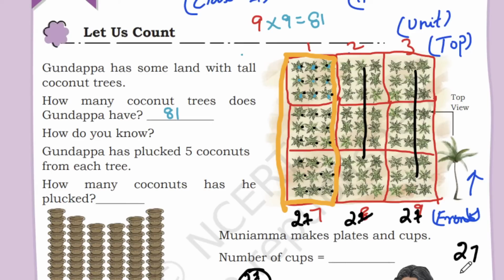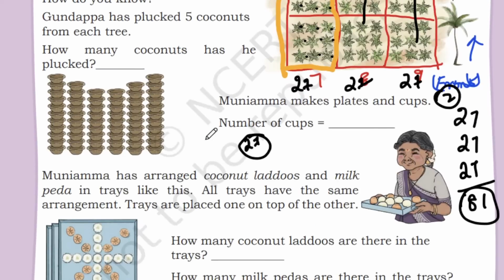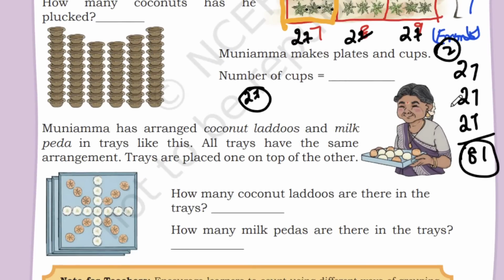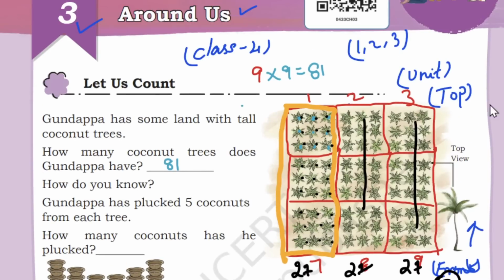So 27 plus 27 plus 27: 7 plus 7 plus 7 is 21, so 1 and carry 2, and 2 plus 2 plus 2 plus 2 is 8. So 81. We are getting 81 coconut trees here. 3 27s are 81. That is the answer.